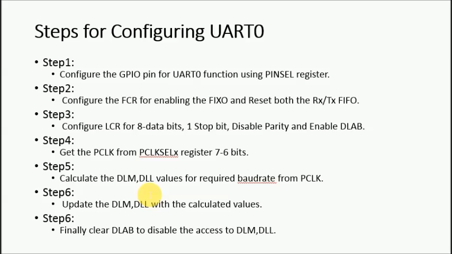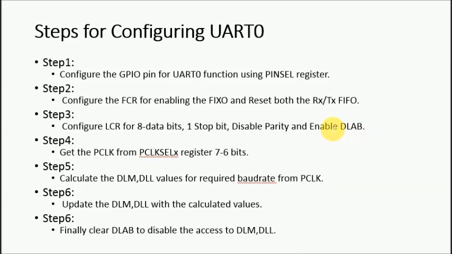So whatever baud rate we want, depending on that and on the value of P clock obtained from the register PCLKSEL, we have to calculate the DLM and DLL values. Now just write these values into the registers DLM and DLL, and after that use the DLAB to clear the access to DLM and DLL for further access.